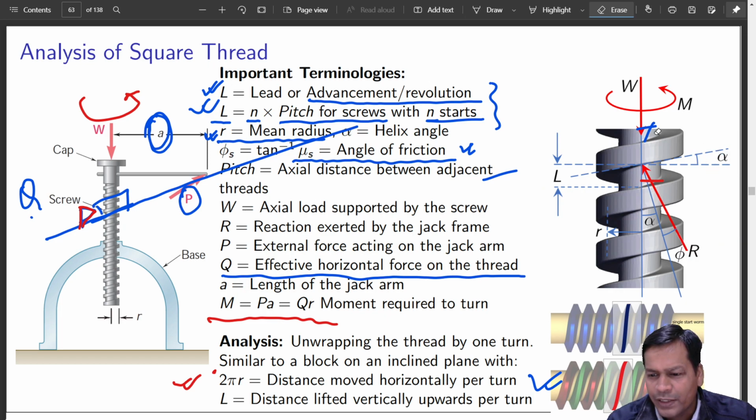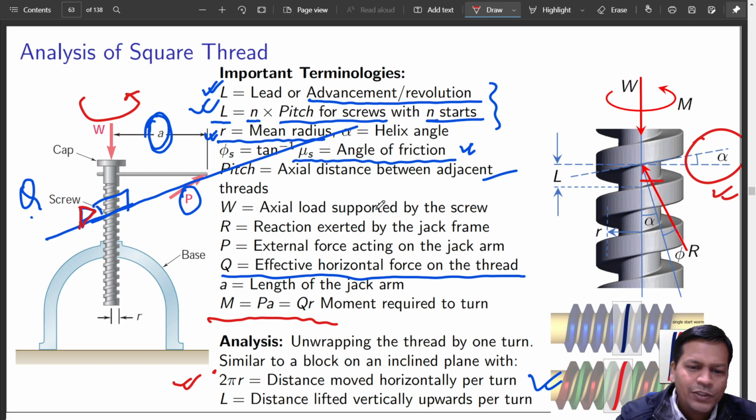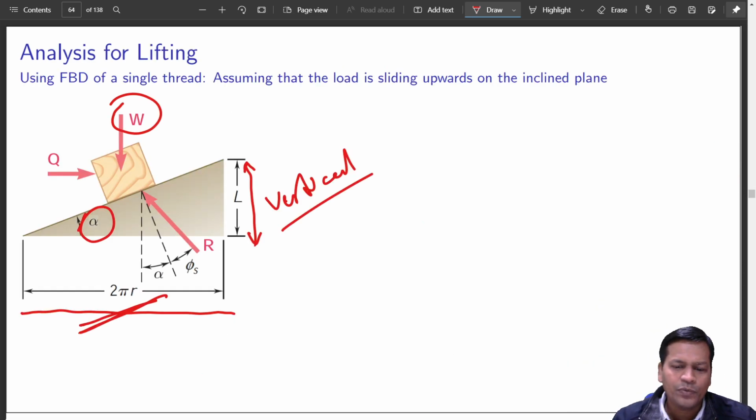So this is your helix angle. You can see this helix angle. Okay, so this helix angle is exactly that inclination angle that takes you along that type of surface. So vertical lift is L in one complete revolution, and 2 pi r is the horizontal distance that is traveled, alpha is the helix angle.